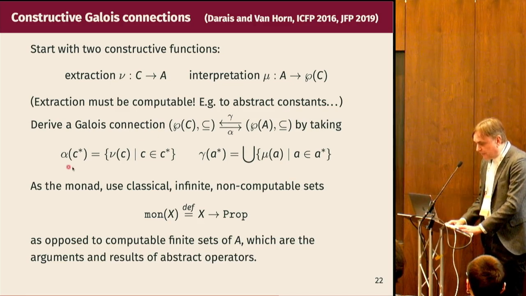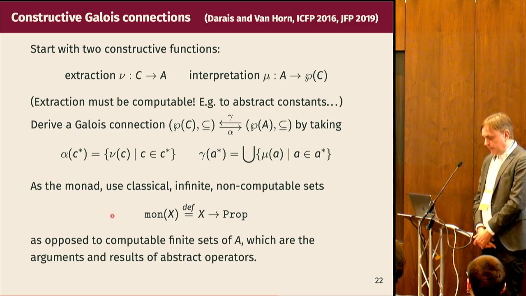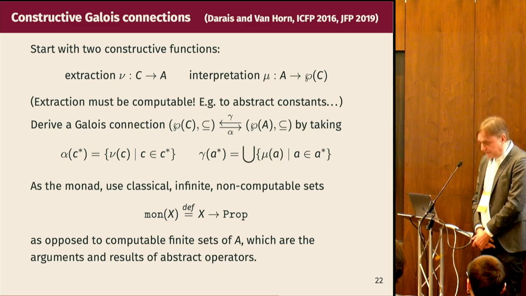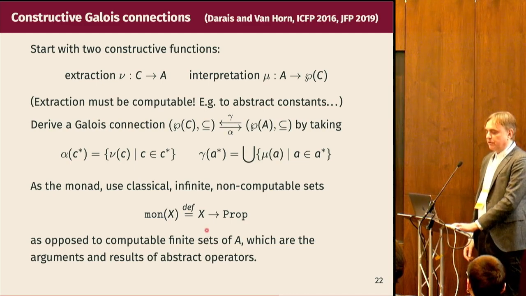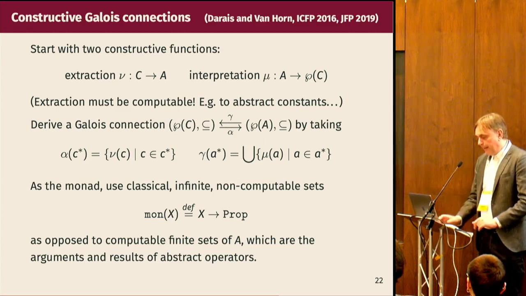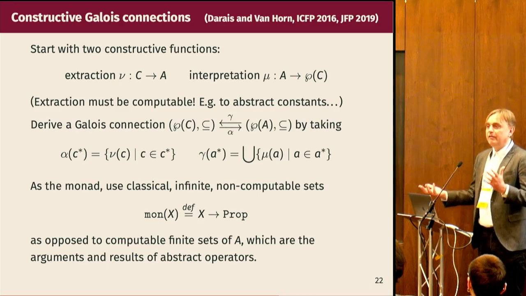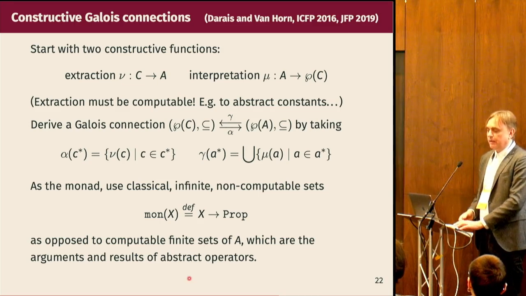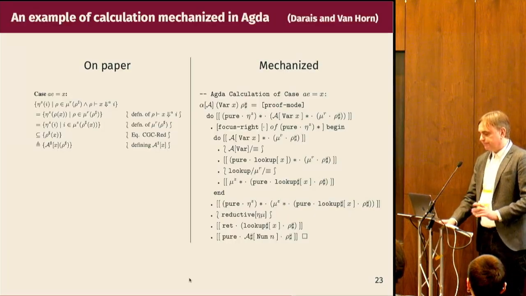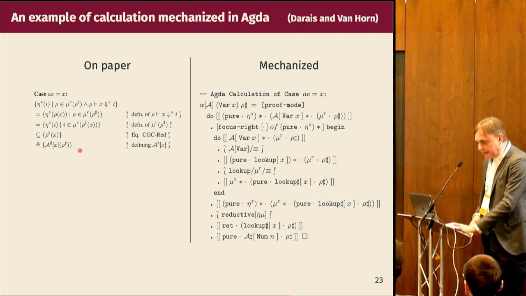So you can define alphas and gammas in the trivial way, and as a monad they use the classical infinite non-computable sets, functions from X to Prop, basically the membership function of the set. As opposed to computable finite sets of A's, lists of A's, for instance, which are the arguments and the results of abstract operators.